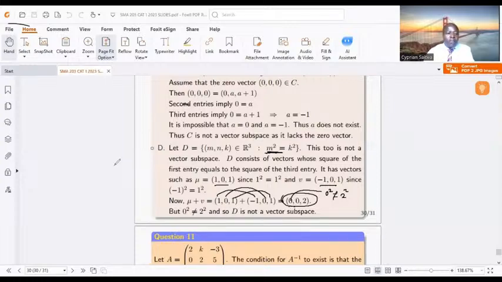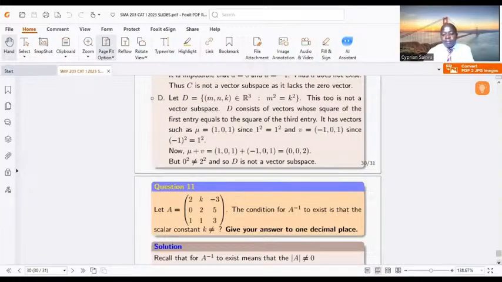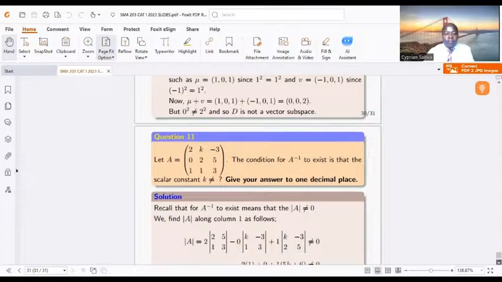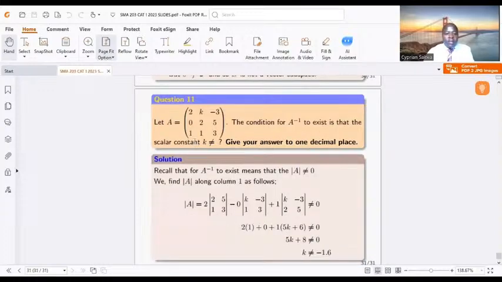Let's look at our last question, question 11 of the cut of November 2023. The question is, let this matrix be A. The condition that A inverse exists is that the constant k should not be equal to what?